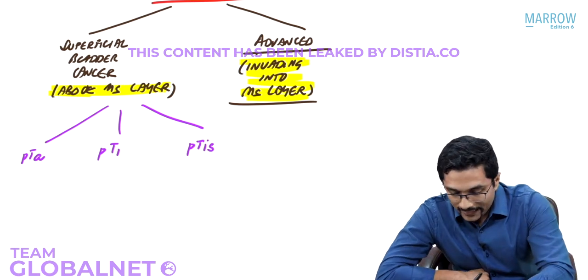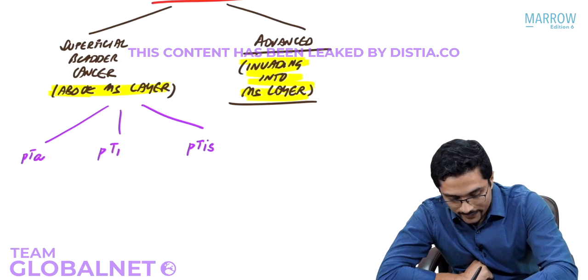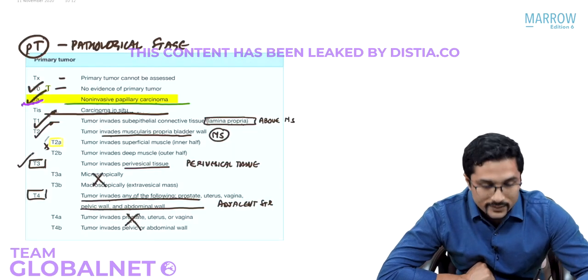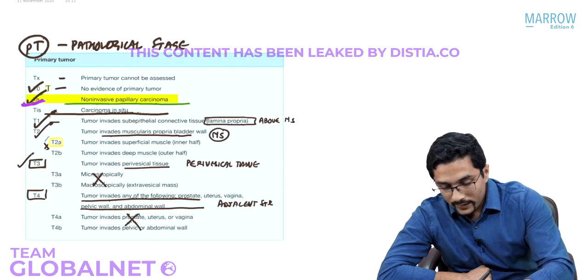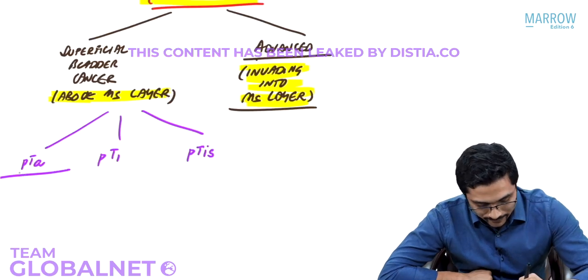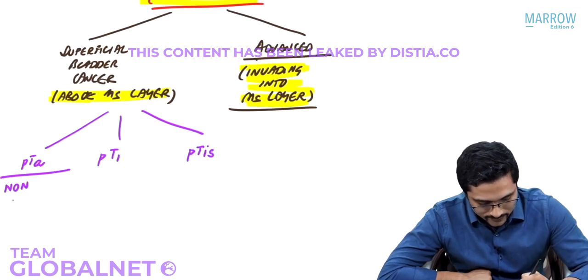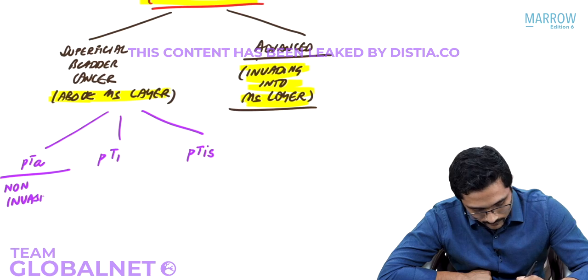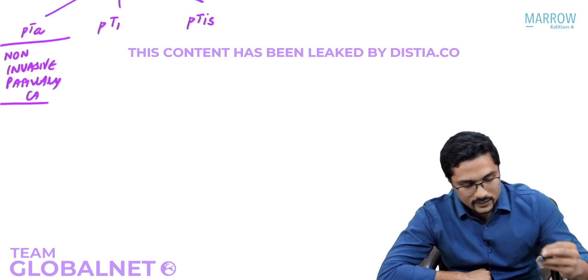Now PTA, as I told you, is a non-invasive papillary carcinoma, right? So if the patient has PTA, which is a non-invasive papillary carcinoma on histopathology, then you have two options to manage this patient.